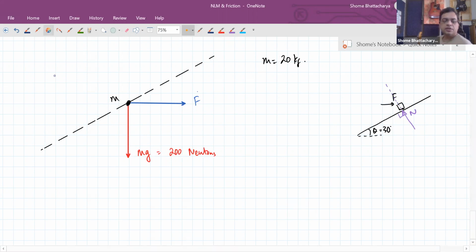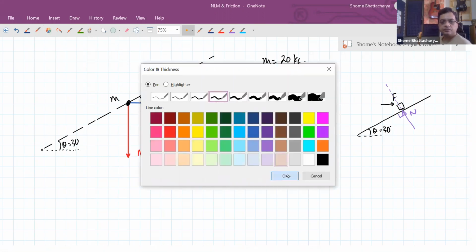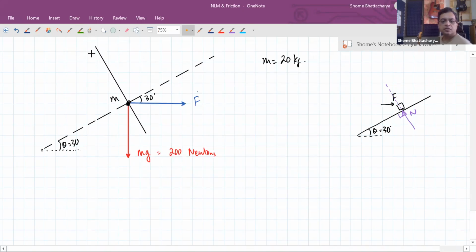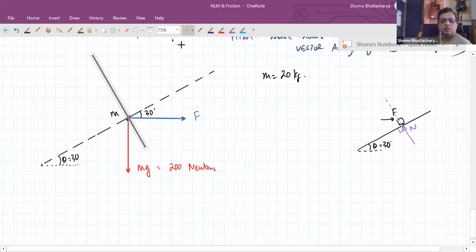Okay. So that is why here this angle is 30 degrees. Whereas if we draw another line which is normal to this axis, that line will look like this. So this is the axis which is perpendicular to the inclined plane.